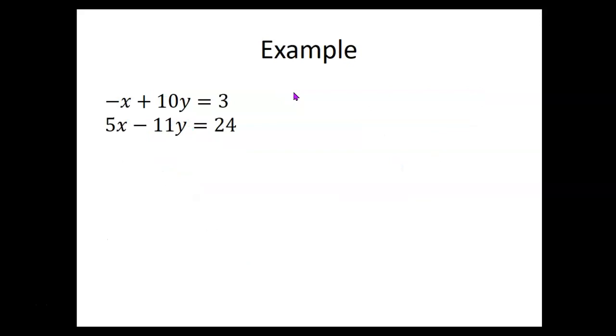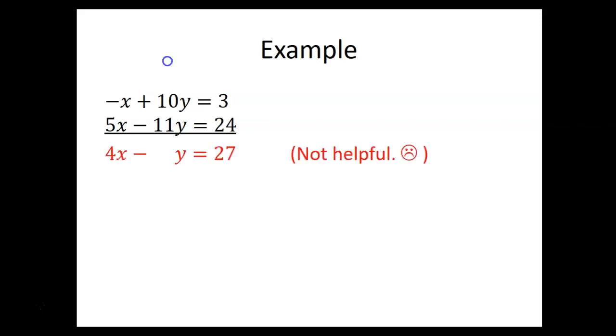Now let's look at another example. Here are two equations that make up the system: negative x plus 10y equals 3 and 5x minus 11y equals 24. And if we add these two equations together, it doesn't really help. The negative x plus 5x adds up to 4x. The plus 10y minus 11y add up to minus y. The 3 plus 24 add up to 27.